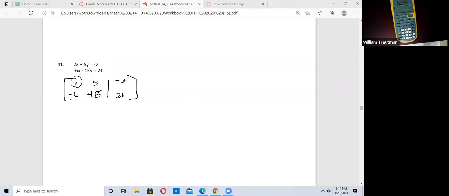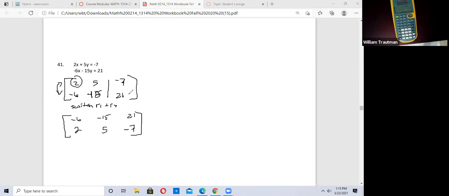But remember what I said, and I did it in class. I'm going to switch these two rows, and I'm going to tell you why in a second. -6, -15, and 21. 2, 5, and -7. I switched. You can just write switch R1 and R2. I just switched some spots.